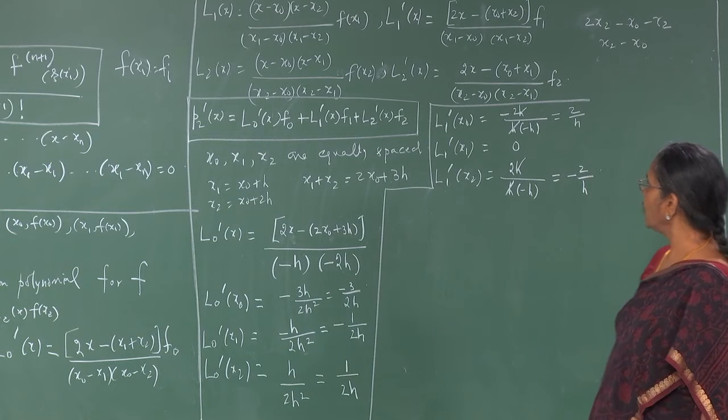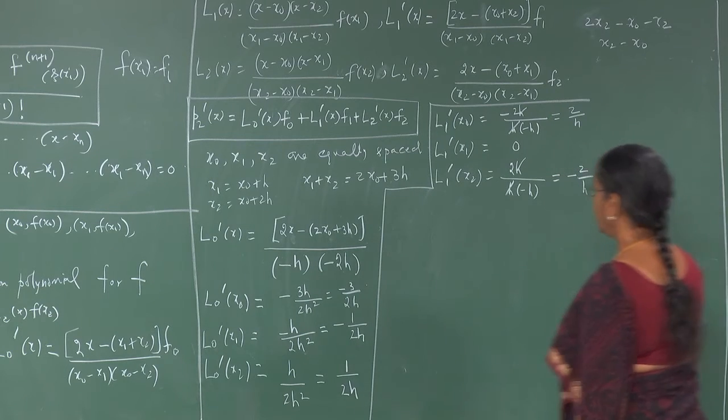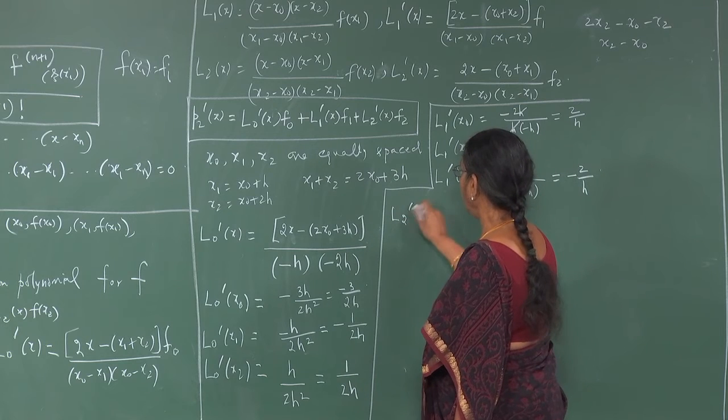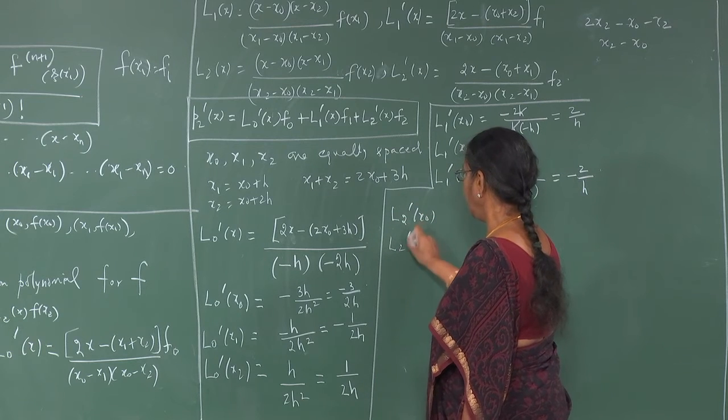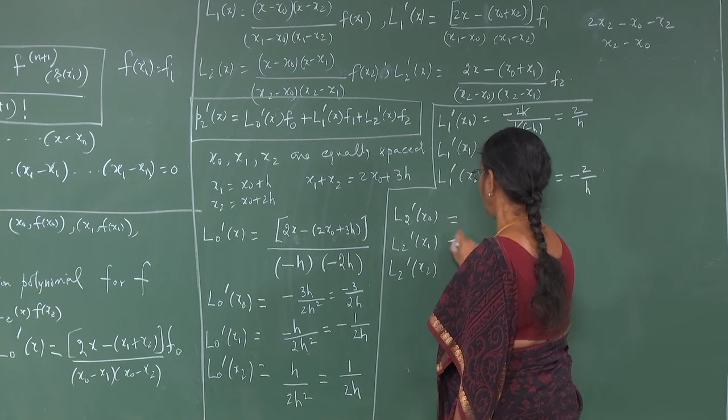So, the derivatives are also computed at the node points for L1. So, we require L2 dashed at x0, L2 dashed at x1 and L2 dashed at x2.